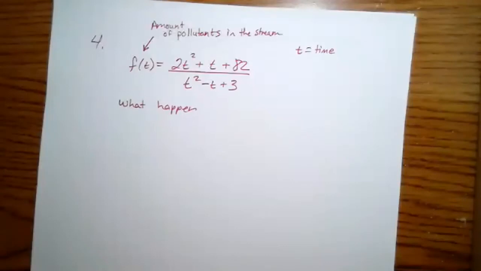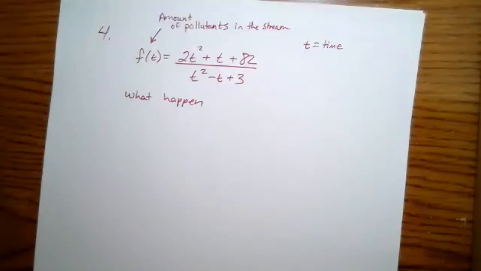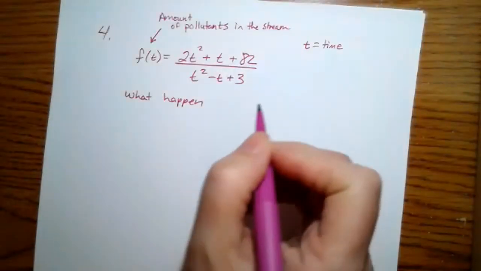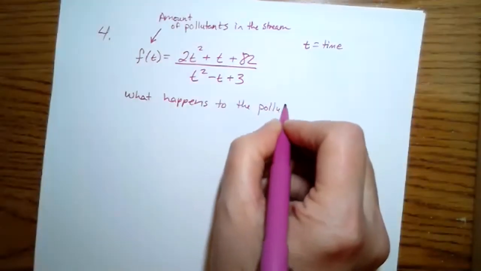I think so. Remember if it was measured in years or in days? The question again: what happens to the level of pollutants in the lake as time goes by?